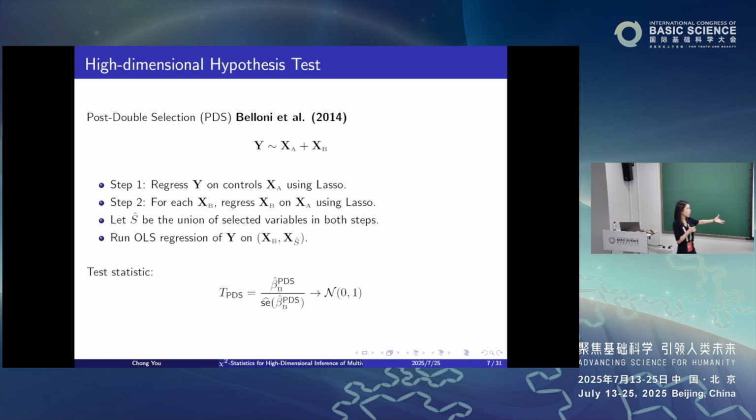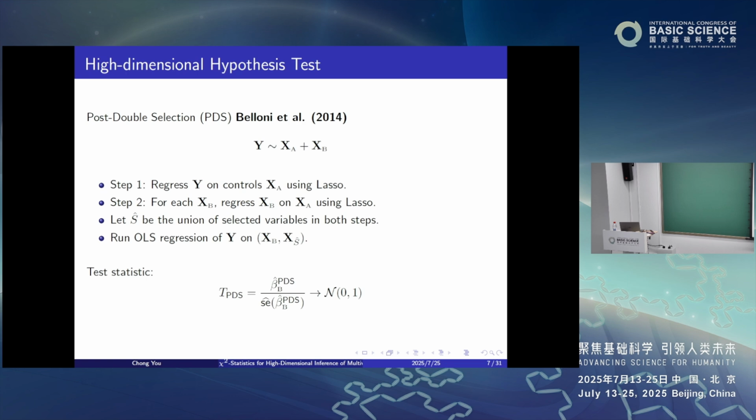If we assume that XA and XB are independent, p greater than n is actually not a problem, because we can regress Y on XB directly without XA.